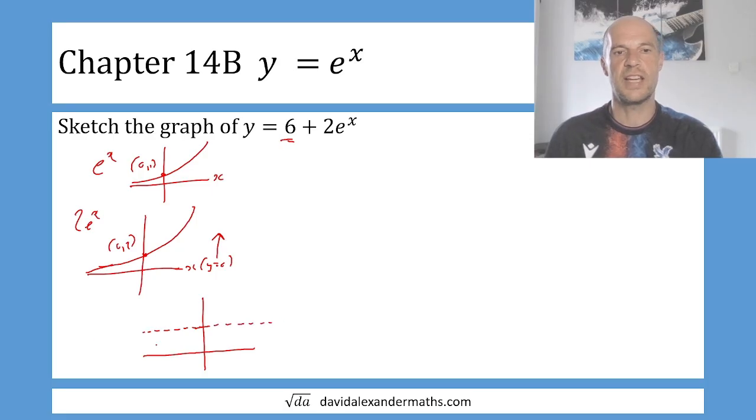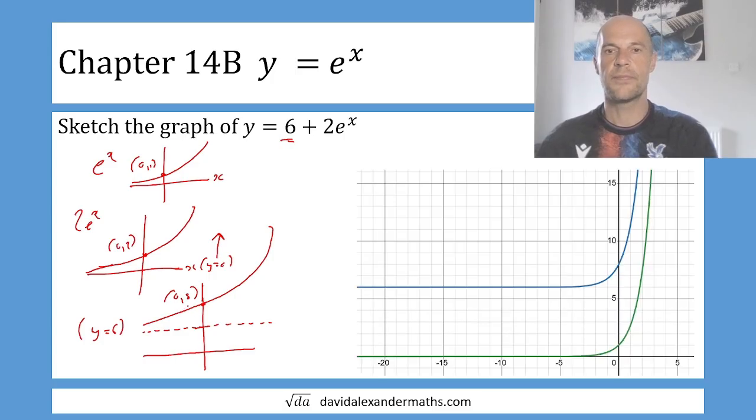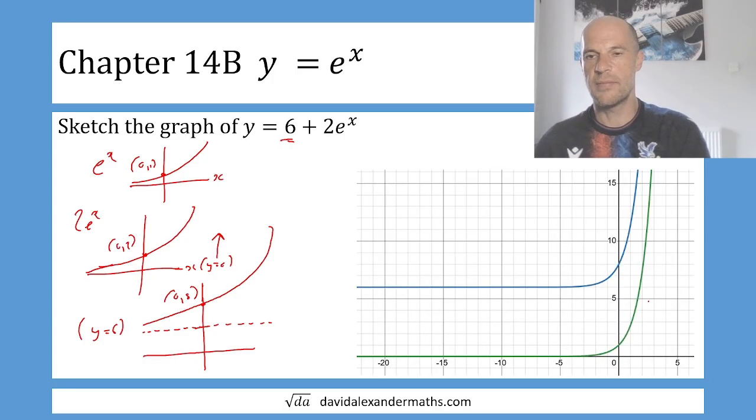I'll illustrate here that that is y equals 6. And I know that the y-intercept is 2 above that, so 6, 7, 8. So all I need to do is show my curve like so, and illustrate that that is the point 0, 8.